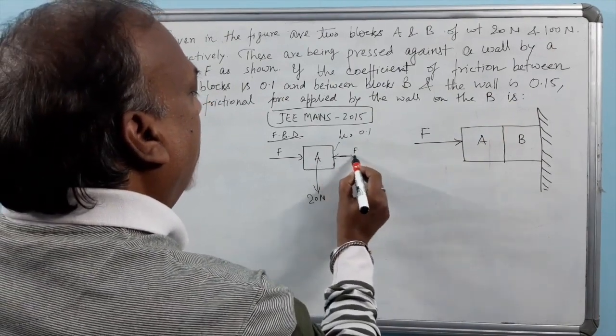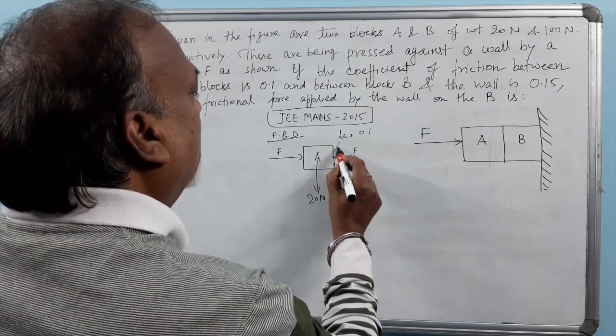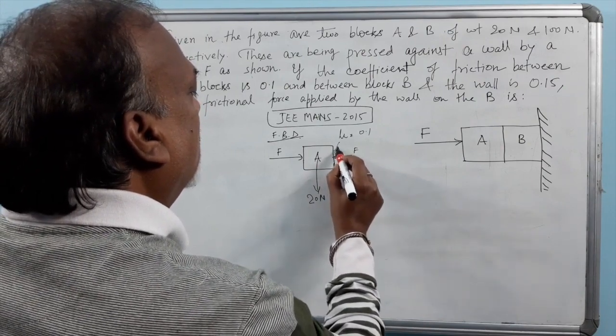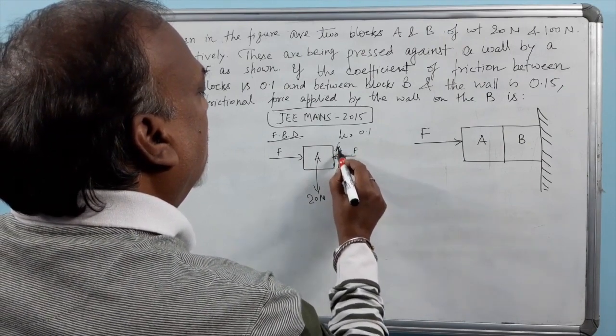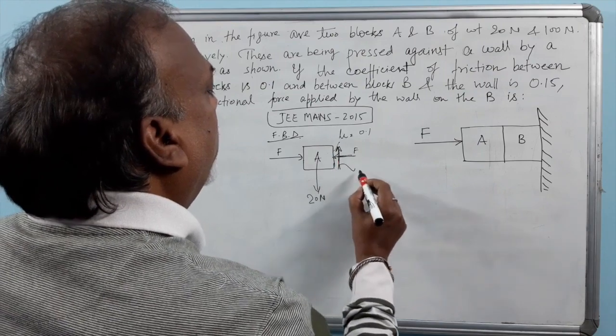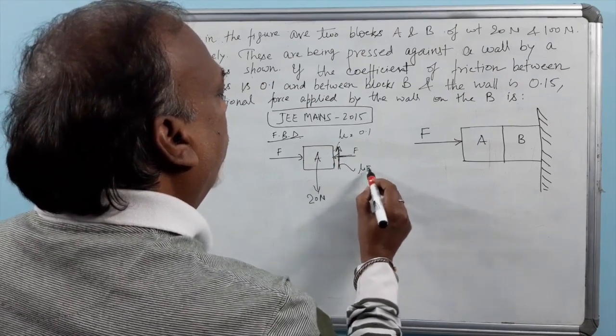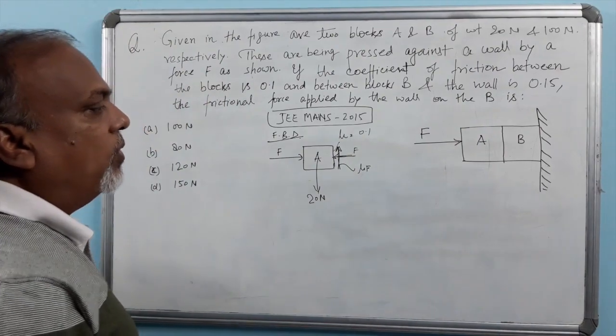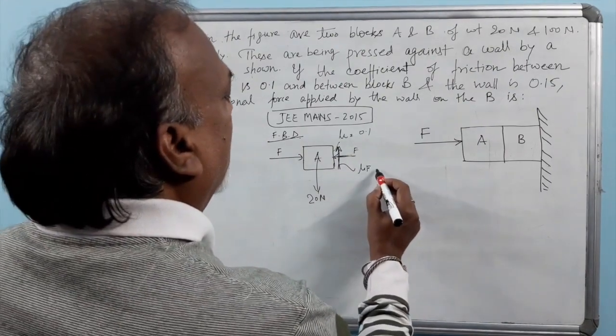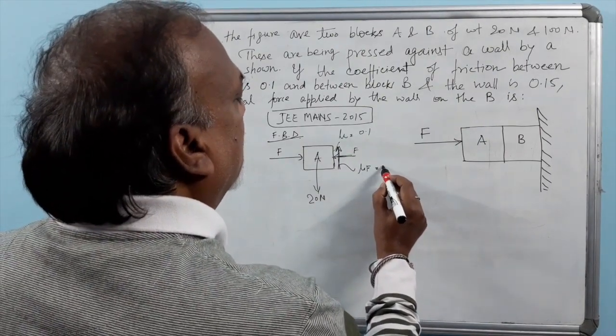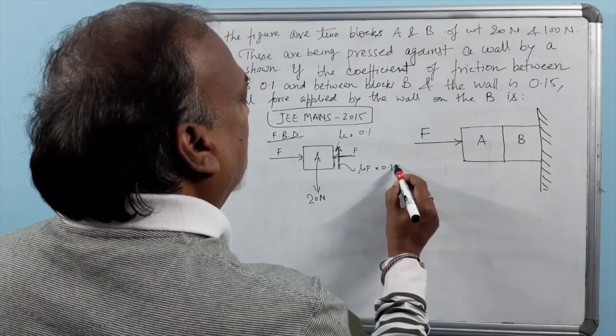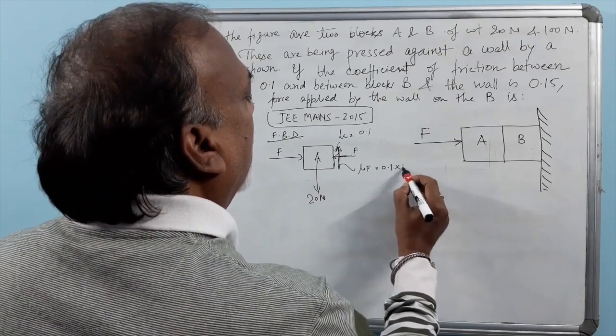If the normal force is F, then the frictional force acting is μF, and this is nothing but 0.1 into F.